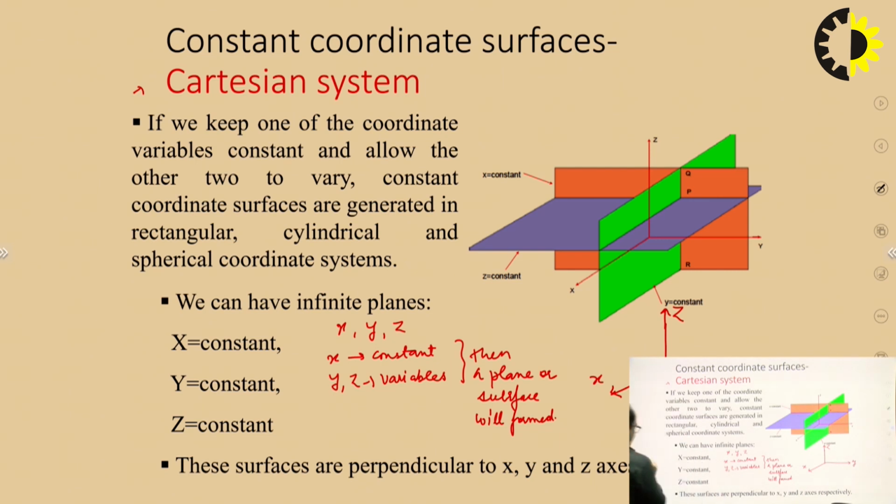If one variable varies and the other parameters, or you can say the other coordinates, are constant, then a line will be formed.